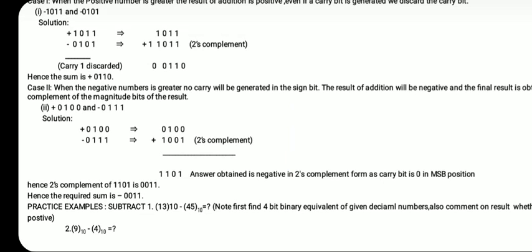Now, the first case shown here is: we are directly adding the number 1011, okay, and we are adding the next number 0101. Followed?